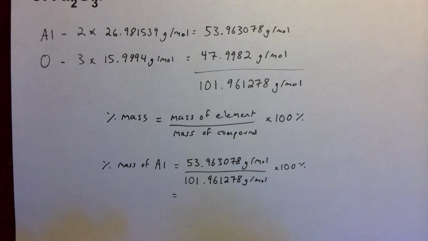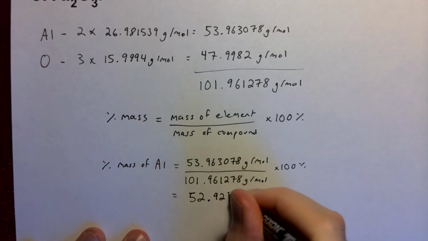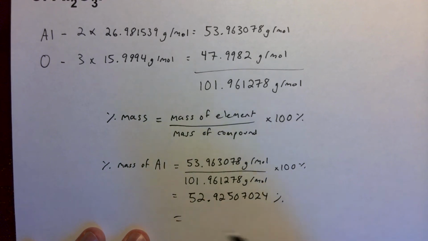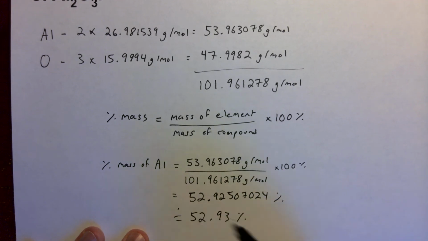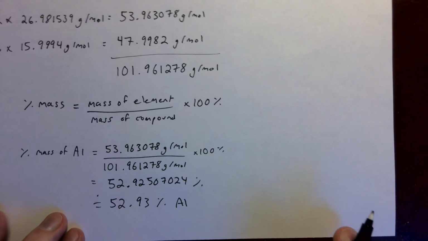And I remember to multiply that by 100, so I'm going to get 52.92507024%, and let's just round that off to 2 decimal places, 52.93% aluminum. So that's the percentage of this compound that's aluminum.